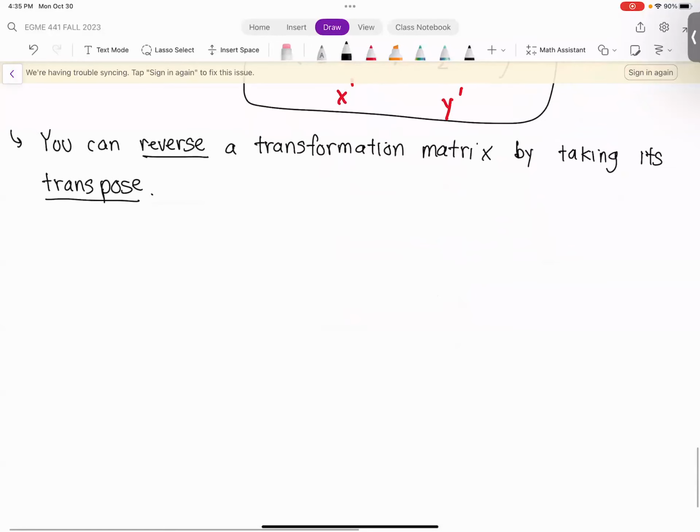So let me show you what that means. Our transformation matrix, as it is right now, is cosine theta, sine theta, minus sine theta, cosine theta. So this matrix transforms from the original system to the transformed system.